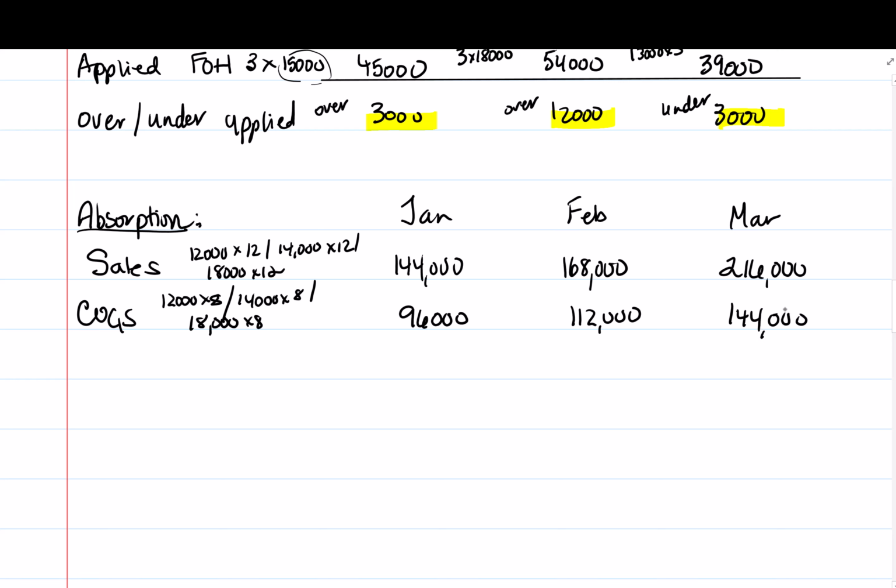But we need to adjust our cost of goods sold for the over or under applied overhead, to get to adjusted cost of goods sold. I'm just going to take my numbers from above because I've already calculated it there.